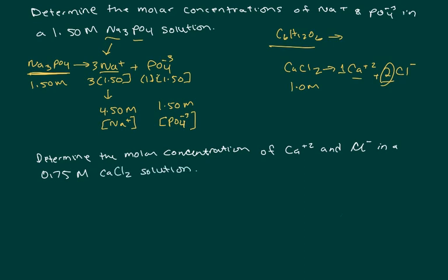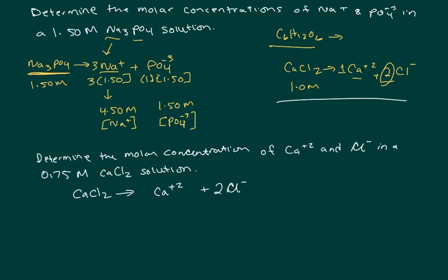Okay, so I already showed you here how that works. If we have calcium chloride, it's going to break up into the calcium cation and the chloride anion. But notice we need 2 moles of chloride for every 1 mole of calcium.